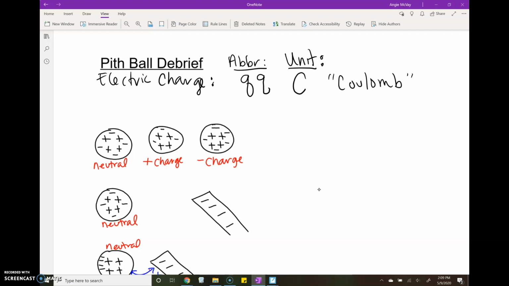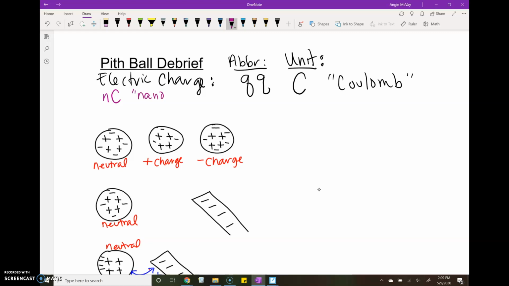Now, a lot of times we use some common abbreviations when talking about charge. Sometimes, instead of coulombs as a unit, you'll see lowercase nC, and that is nanocoulomb. A nanocoulomb, nano is an SI prefix meaning times 10 to the negative 9.